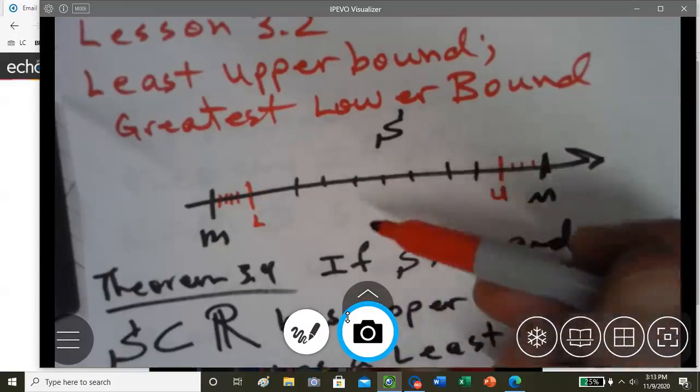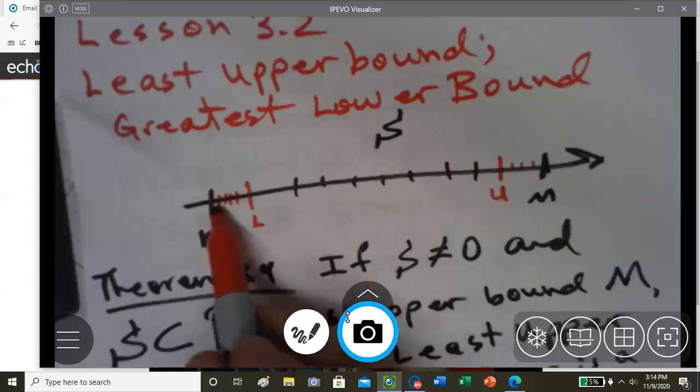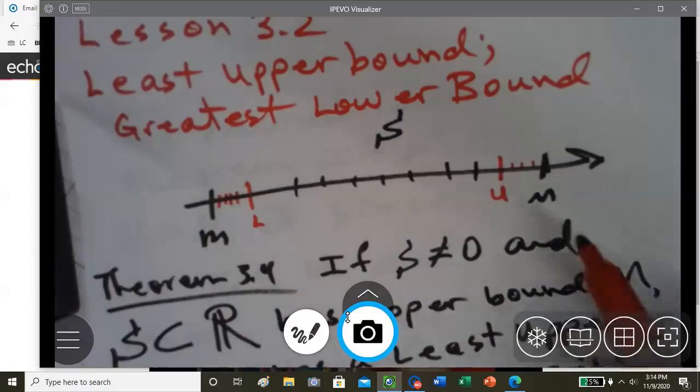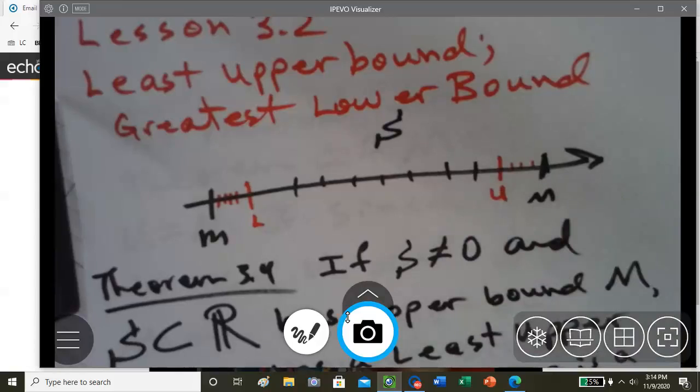So that would not be an F. So 59.9 would be the bound, and anything below that is still an F until you get to m, which would be 0, where lowercase m is 0, uppercase M would be 100, let's say.